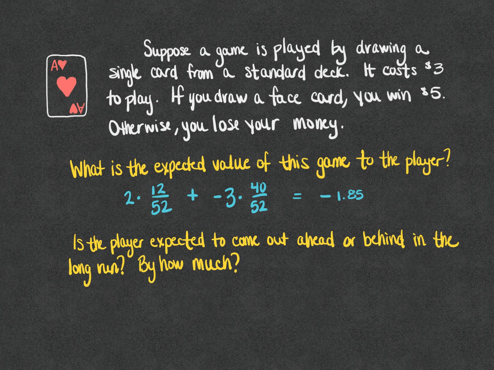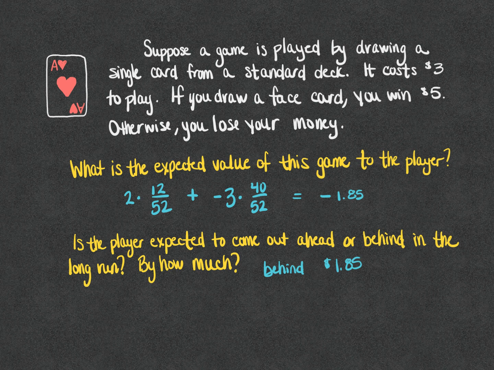Okay, and since this is a dollar game, like we're paying money to play, what this means is that as a player, you are expected to lose or come out behind by $1.85 on average if you were to play this game over and over and over. So do keep in mind, expected value is a long-term average. On any single play of the game, you will either win $2 or lose $3.